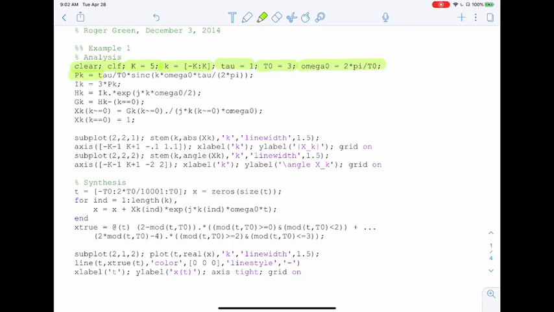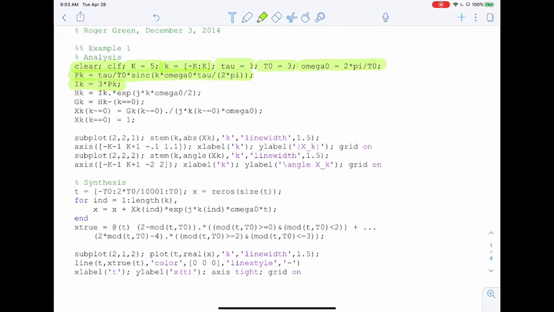I define pk as we had derived at the beginning of the lecture, so tau by T naught sinc function, k omega naught tau by 2 pi. Just a reminder that we defined the sinc in a way that we could use the MATLAB function. That's why I did it that way. And then I create that signal I of k as 3 times pk. That was the last step that we went through, and then I'm just going to work my way backwards.